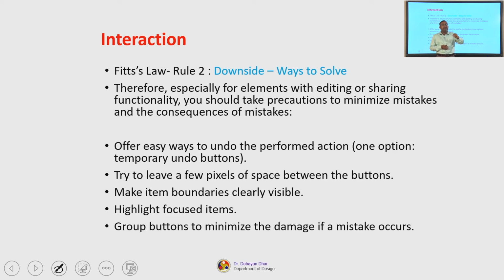Try to leave a few pixels of space between the buttons. Make item boundaries clearly visible, so they are aware of what action or decision they are taking, your users. Highlight the focused items, right, and group buttons to minimize the damage if a mistake occurs.